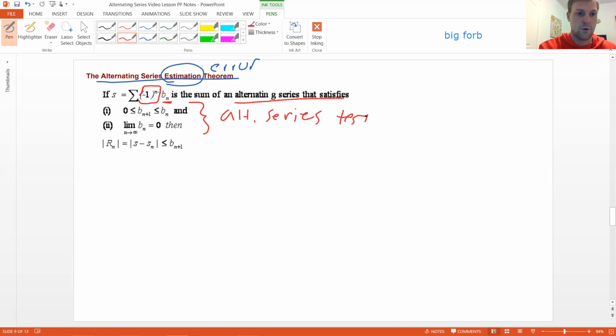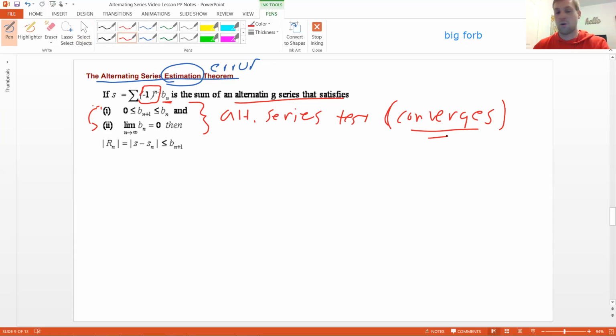They kind of reverse the order here, but basically, if I have an alternating series that converges to some sum, then this last line here discusses what the error is in approximating the sum.